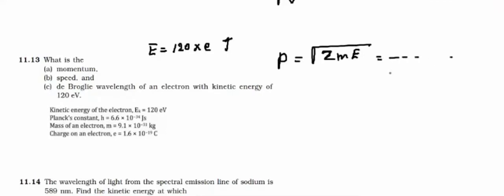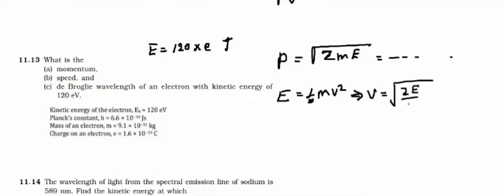Then speed. For calculating speed, you can use the formula energy is equal to half mv square. From this formula, you will get v is equal to under root 2E by m, where m is the mass of electron.